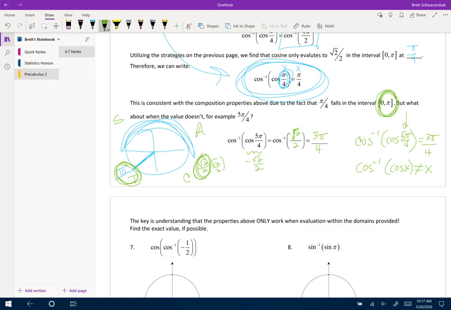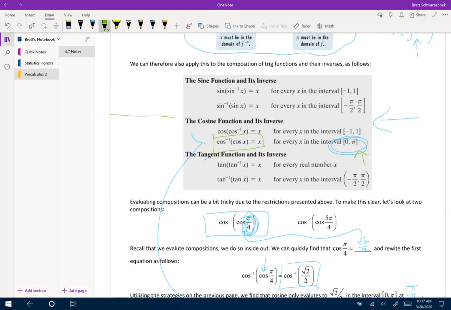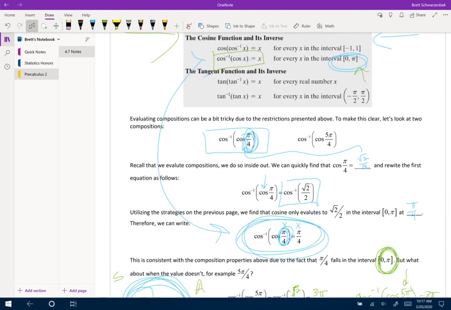So what is my summary of this type of setup? I personally don't love these formulas, because students get hopelessly confused with the proper intervals and where they are. What I always say to students is, if you're going to do one of these problems, just do the problem inside out.